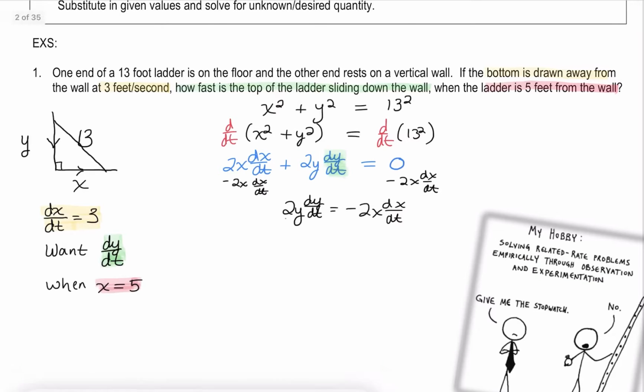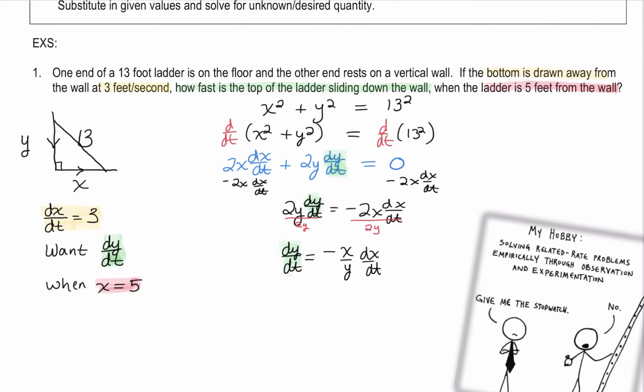All right, so if I'm solving for dy dt, then subtracting over the 2x dx dt would leave me with my final step to solve for dy dt, of negative x over y times our dx dt. So again, this whole time we're being mindful that we are trying to solve for our dy dt.